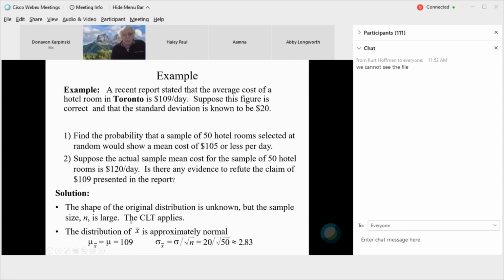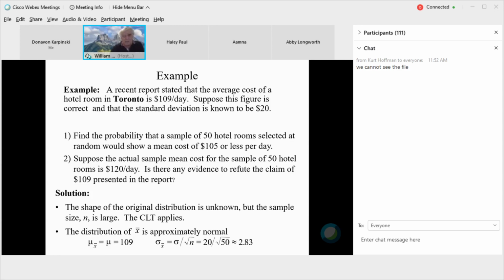The solution: the central limit theorem applies because the sample size is large, greater than 30; it's 50. So we can assume that X bar has approximately a normal distribution with a mean equal to the mean of the population, 109, and standard deviation equal to the standard deviation of the population divided by the square root of n, 2.83.